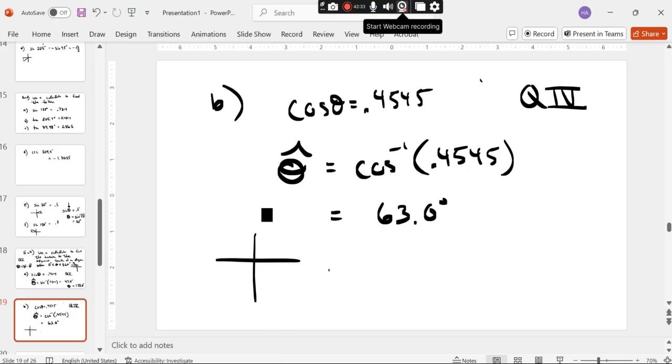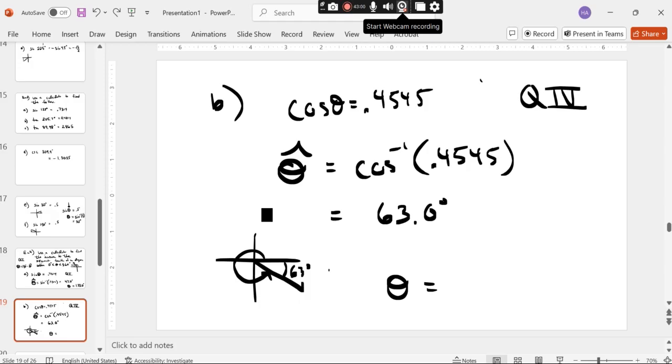We're in quadrant 4 right over here. Our reference angle is 63. And I need this angle. Oh yeah, you still round it. So the 63 and you put a 0.0 because it goes to the tenths.